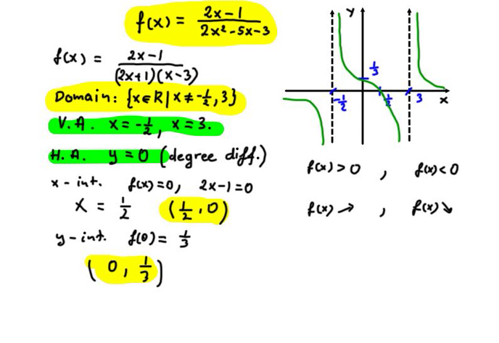So now, in a moment I will show you how we generate the graph by using some test values. That will be shown in a bit. Right now we'll concentrate on positive and negative intervals. So define the x values where y is greater than 0 or less than 0.